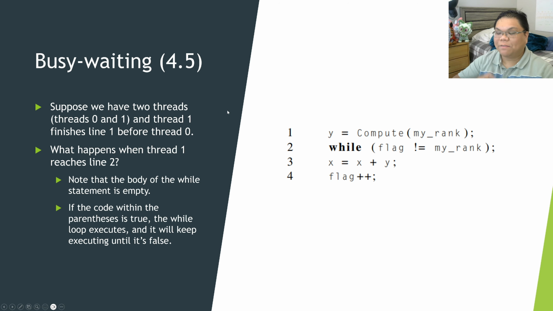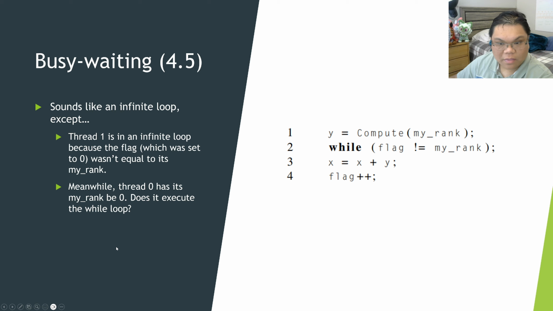We have caught the thread in an infinite loop. Or at least it sounds like it. It sounds like we have thread 1 caught in an infinite loop. The only reason why thread 1 is in this loop is simply because thread 1 has a rank that is 1, but the flag is 0.